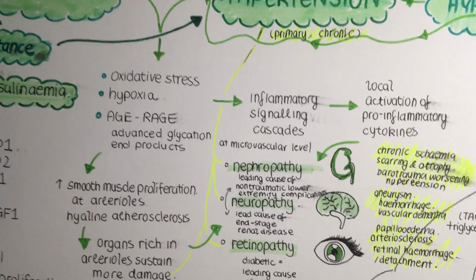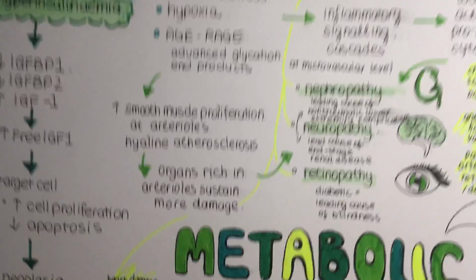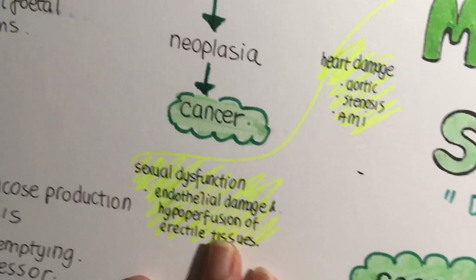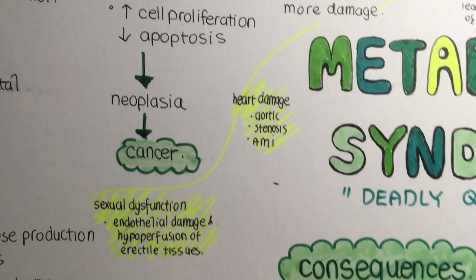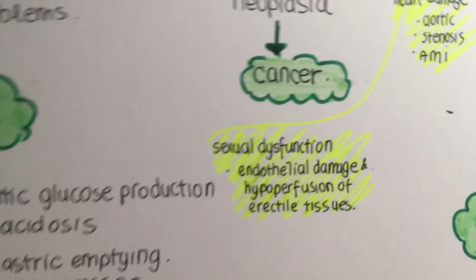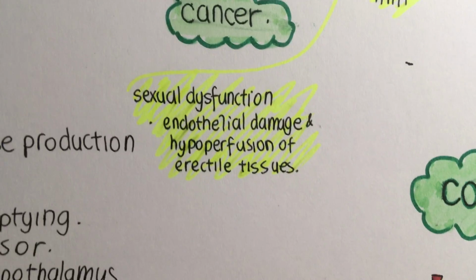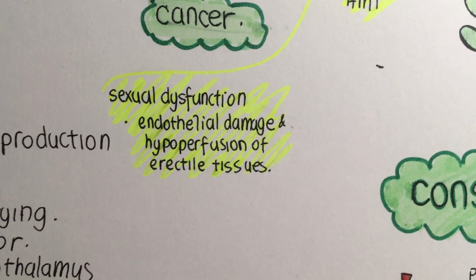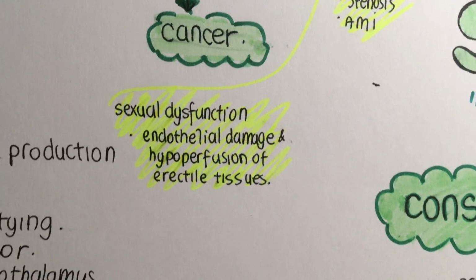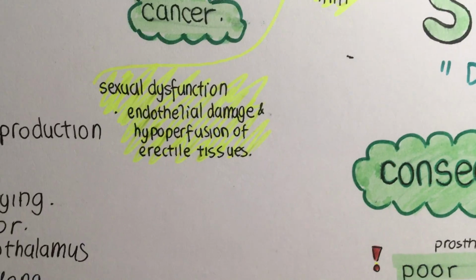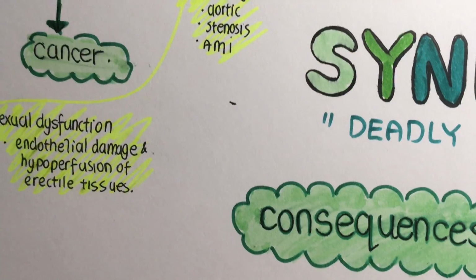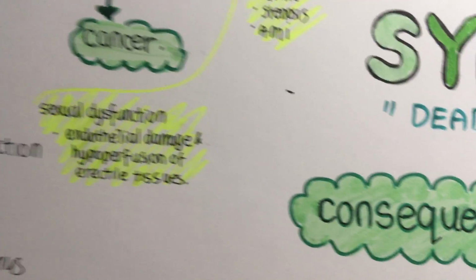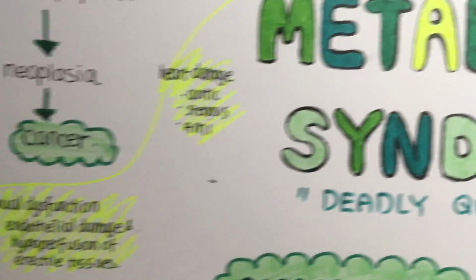And when it's high blood pressure, you can get aortic stenosis, aortic myocardial infarction, and in other times you can cause endothelial damage and hypoperfusion of erectile tissues, which leads to sexual dysfunction. Hypoperfusion, so that means not enough blood gets into these erectile tissues.